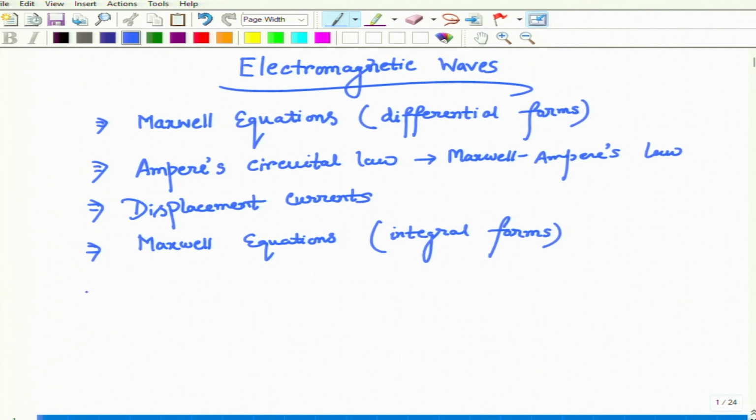Okay, after discussing the Maxwell equations we also studied the definition and characteristics of electromagnetic waves. The major output was that c equals 1 over root of mu naught epsilon naught.